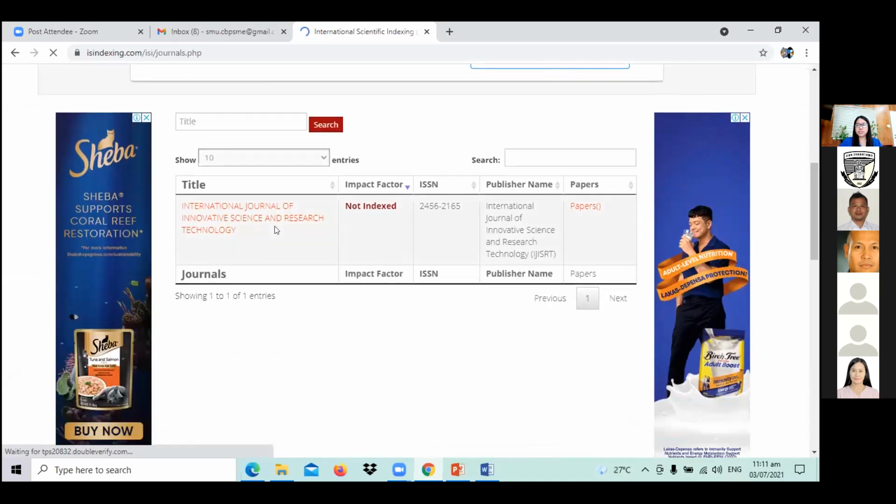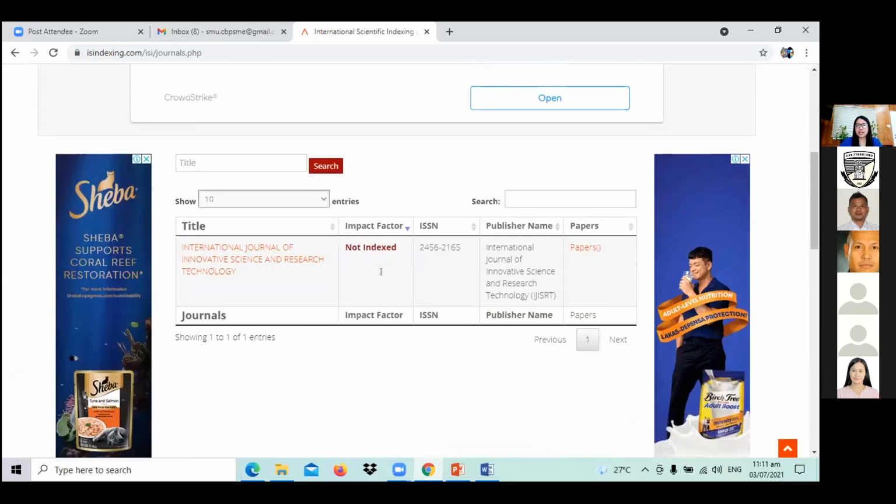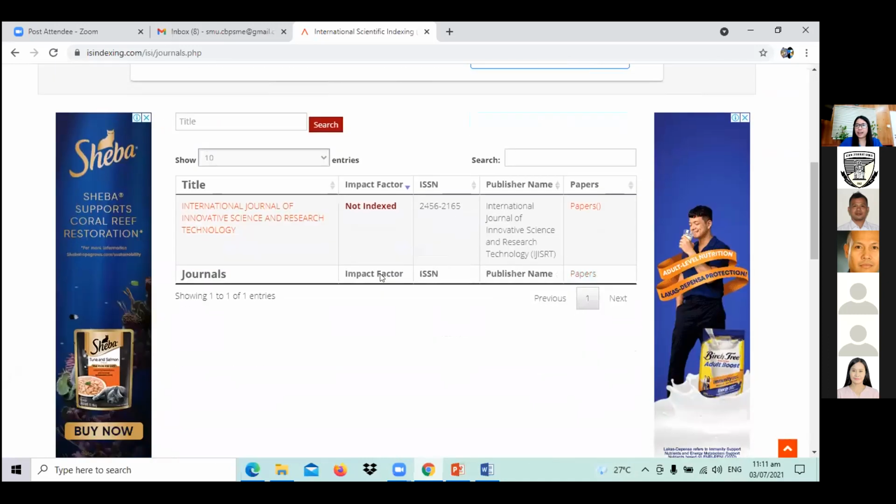The journal's title is shown here, but there is a but. The impact factor: not indexed. Which means it is not really indexed in the ISI, because if it is indexed in the ISI, then the impact factor must be present. So it is not indexed.